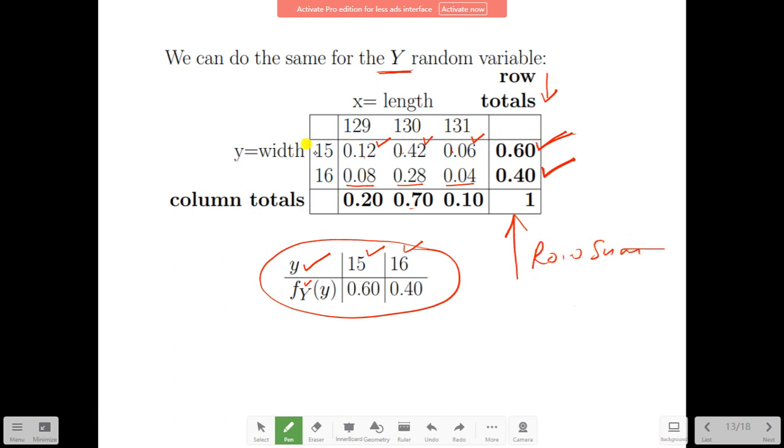This is the first row and this is the second row. The sum of these three elements we obtain 0.60, and the sum of these three elements we obtain 0.40. So these are the distribution functions for random variables x and y.